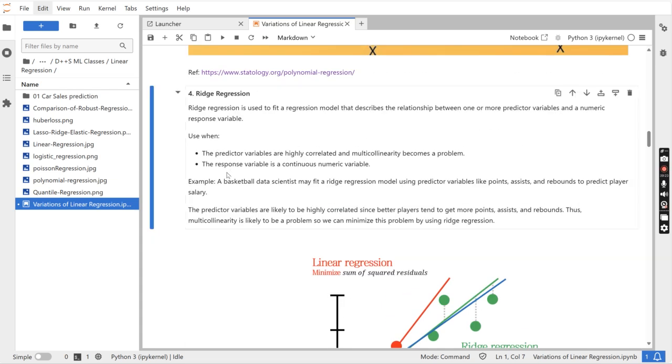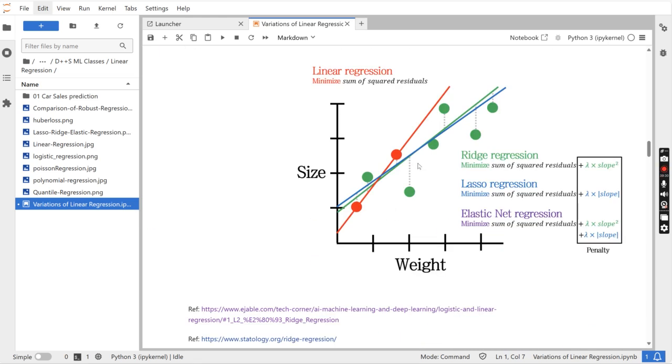So if you want to reduce only multicollinearity, you use ridge, straightforward. Now lasso, what it does is, because you have the modulus of this slope, mathematically it doesn't seem like a big difference between the two, but when you apply it on the algorithm, lasso has the ability to decrease the coefficients completely to 0.